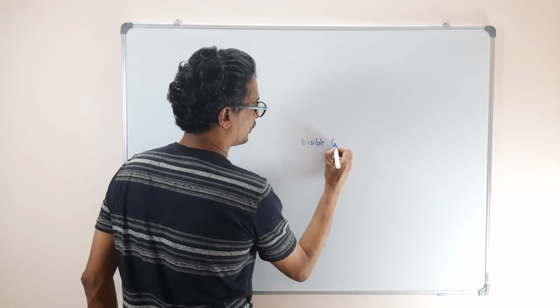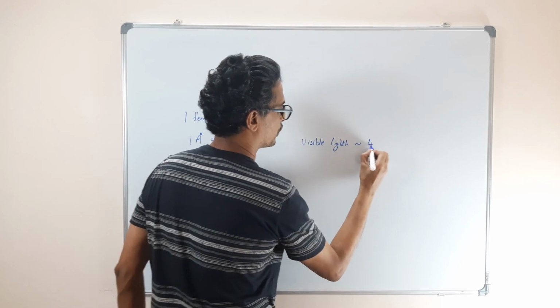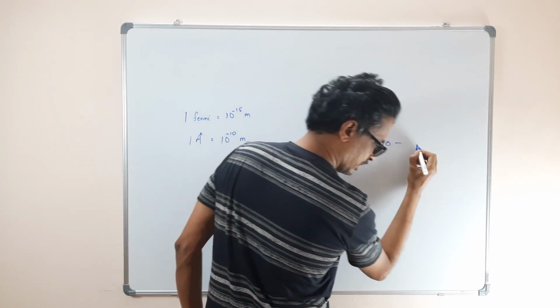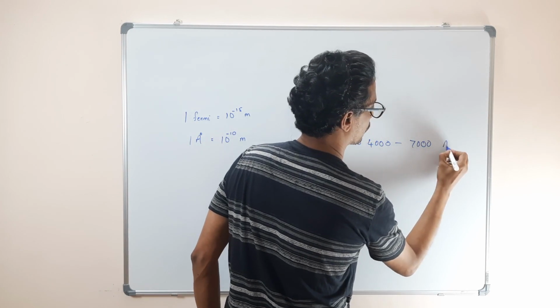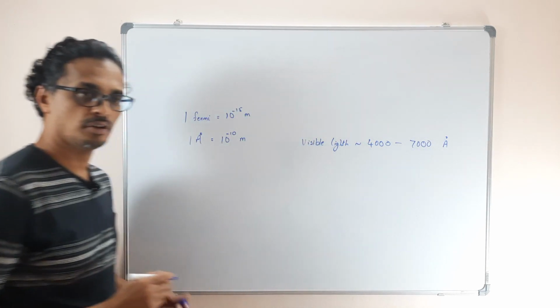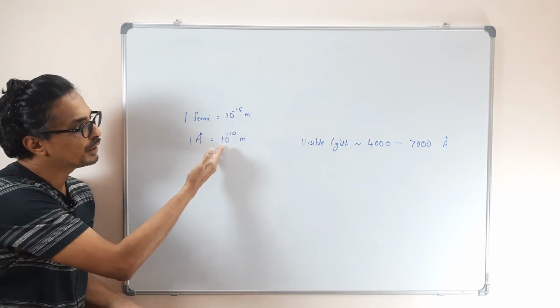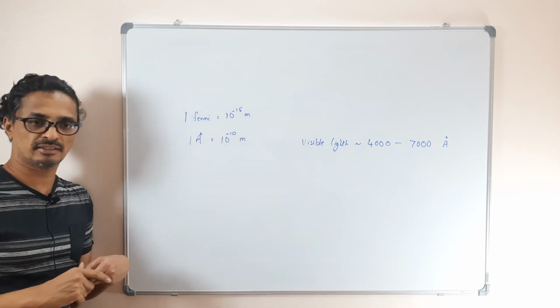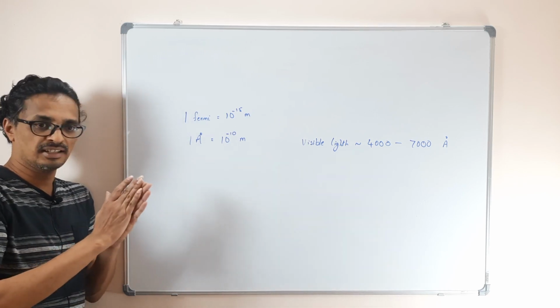The wavelength of visible light goes typically from 4000 to 7000 angstrom. Okay, so 4000 means what? That is 4 into 10 to the power of minus 7 meter. That is still very small, so those lights you are able to see.